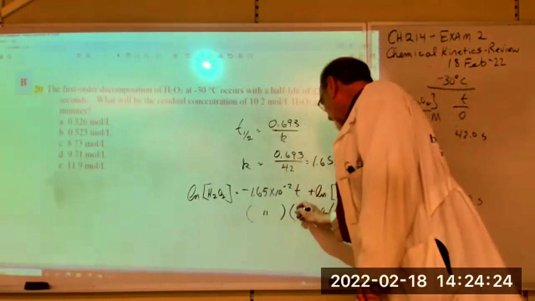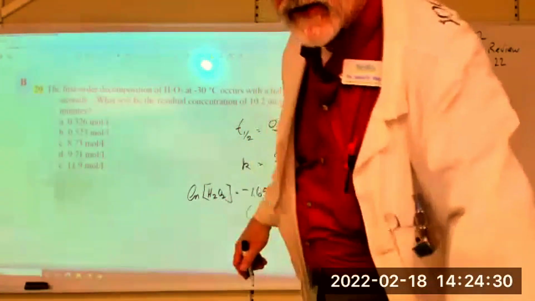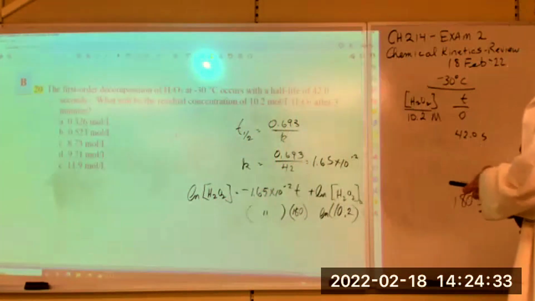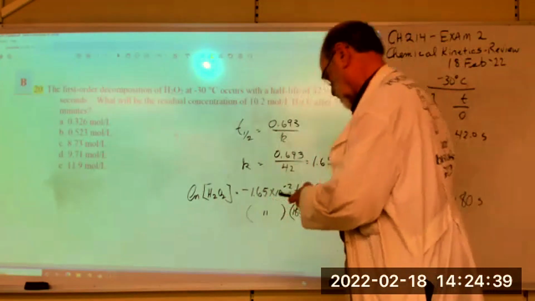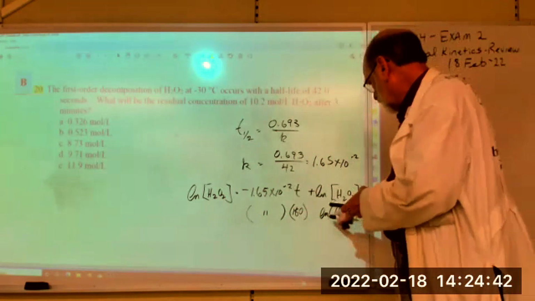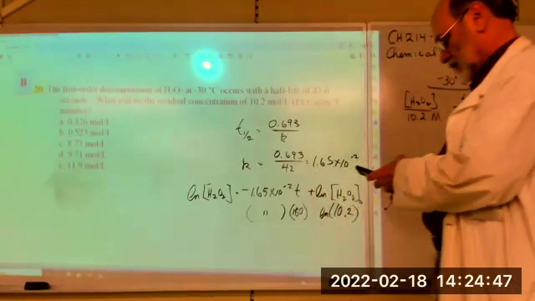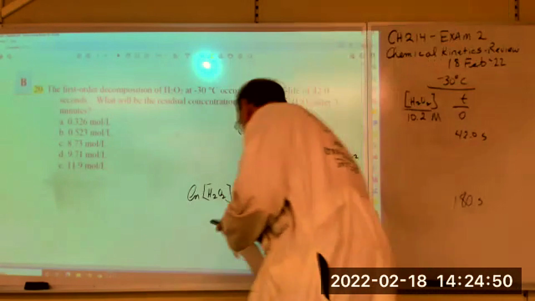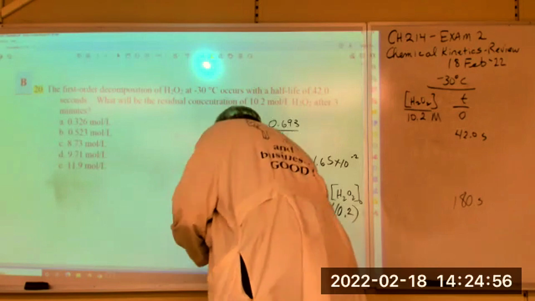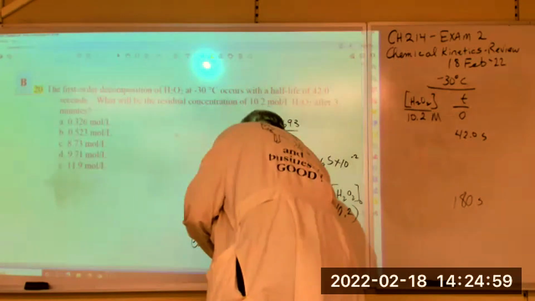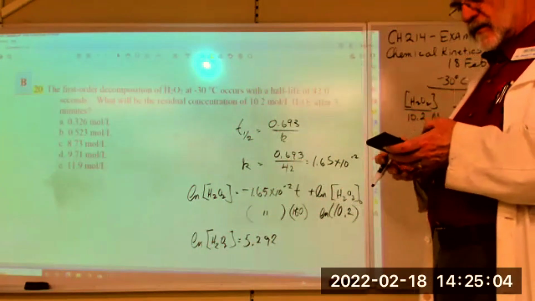And the time is going to be 180, which is equal to the natural log of that answer. So if we say 180 times this value, and then we say the natural log of this one, 10.2, and add it to that value, that means the natural log of our answer is equal to 5.292. So we just need to take the anti-log of 5.292.